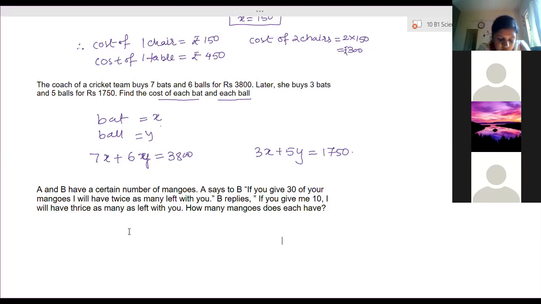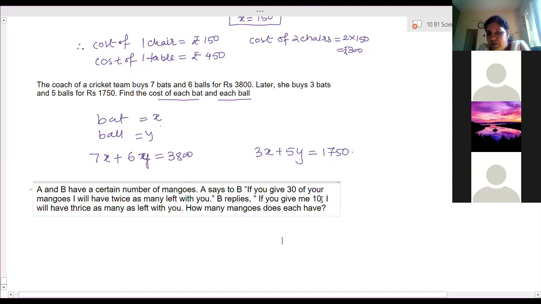Clear? First try to understand the question. B replies, if you give me 10, that means if A is transferring 10 to B, then I will have thrice as many as are left with you. So B will have thrice the number of mangoes A has.